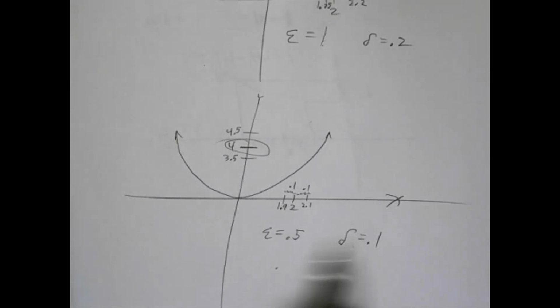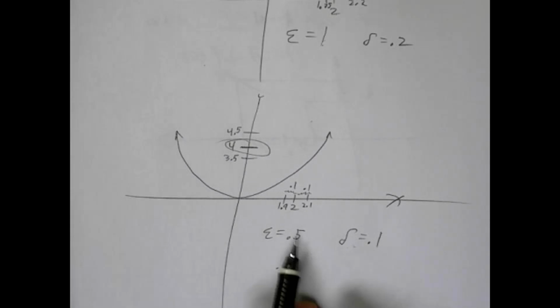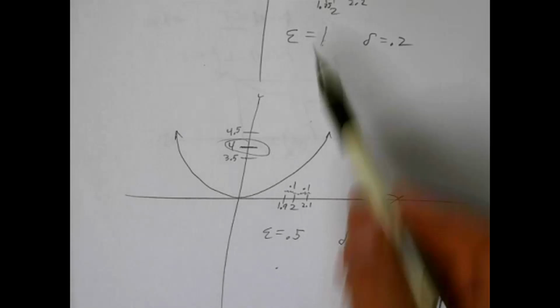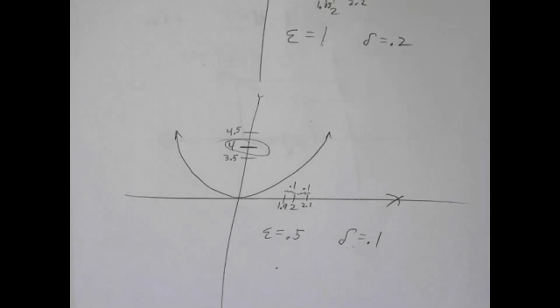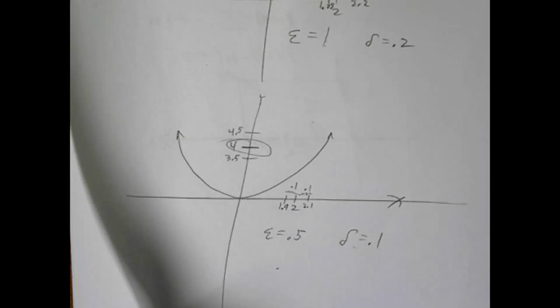I can't just continue taking these epsilons one at a time because it would never end. So I'm going to let my delta equal something in terms of your epsilon, and I need to be able to prove that with that chosen value of delta, this would happen for any epsilon that they throw at me. Not a 1, not a 0.5, any epsilon in existence.